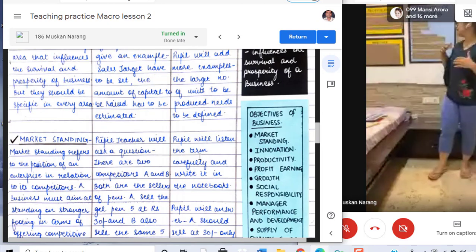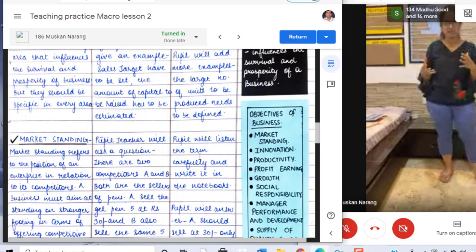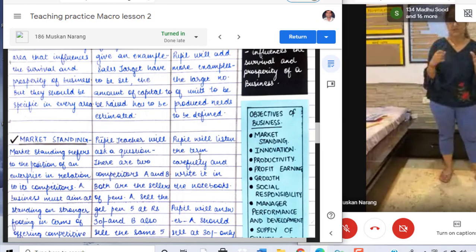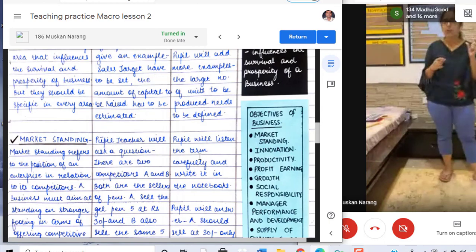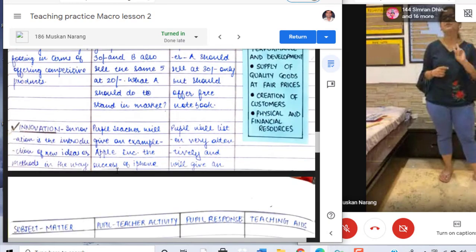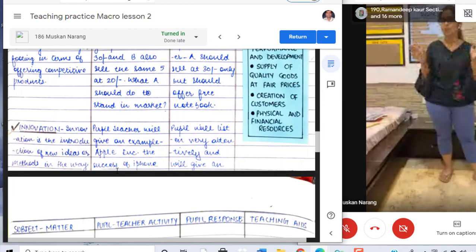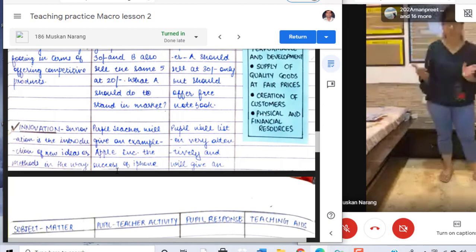So to have clarity of this concept of marketing, I'm giving you an example, and on the basis of that example, I'll ask you a question. There are two competitors in the market. Number one competitor is A, another is B. Both are dealing with the same business, that is selling of stationery items.